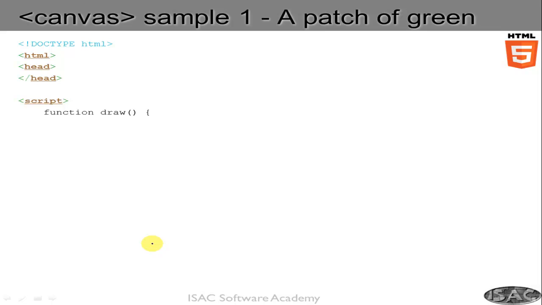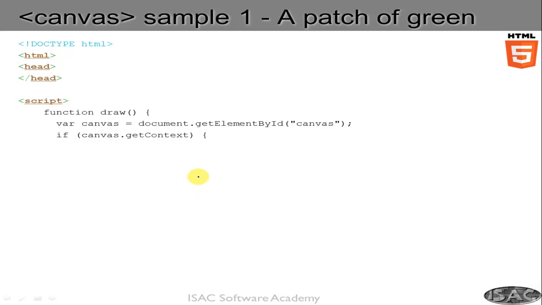But this time I am going to start developing some script, which is JavaScript. Here is a JavaScript function draw, and it says canvas equals document.getElementById canvas. This is just to get the ID of the HTML page, which we will see later.